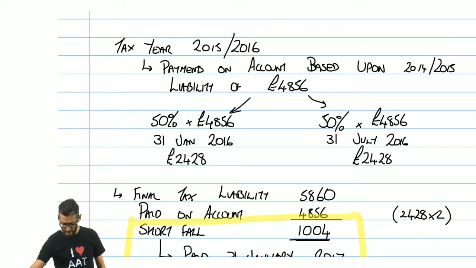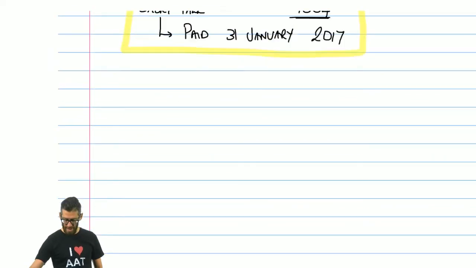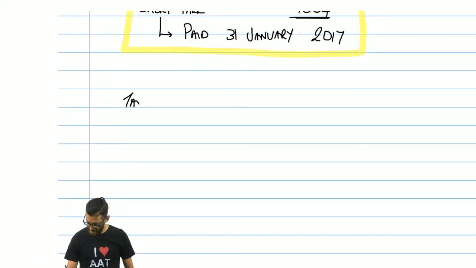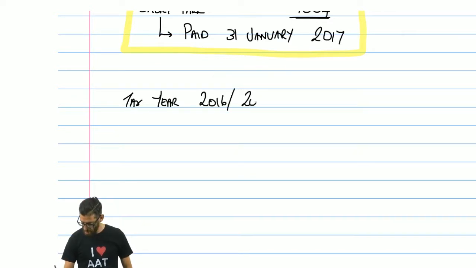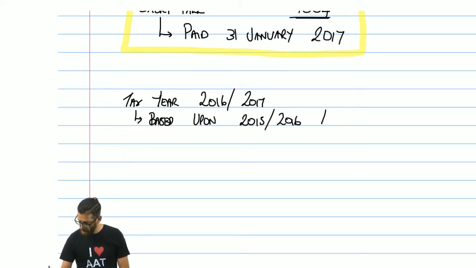I'm now going to the tax year 2016-2017. You'll notice the question didn't tell you about 2016-17, but that's absolutely fine. So in the tax year 2016-2017, this is going to be based upon the 2015-2016 liability of, what was it, 5860.